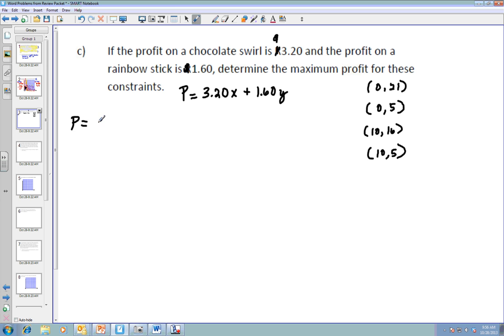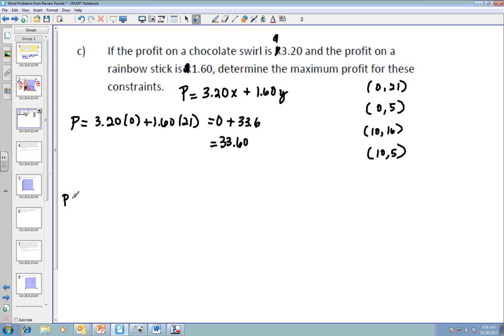So P equals 3.20 times x, and I'm going to use this first ordered pair. x is 0, plus $1.60 times 21. So that's going to be 0 plus $1.60 times 21, which is 33.6. So the profit on this one is $33.60.